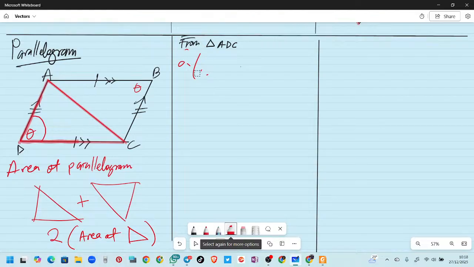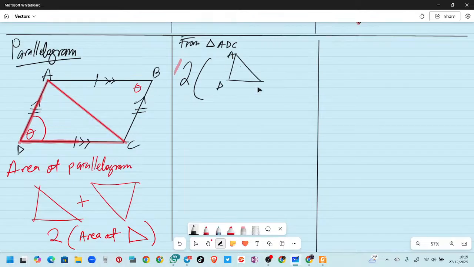From what we just learned, I want to find the area of that triangle. So 2 times the area of the triangle. Now, this is the triangle that we are talking about. Here is AD, and here is DC, and this is the angle. So we are going to use their distances. So 2 times half times the distance AD, right?